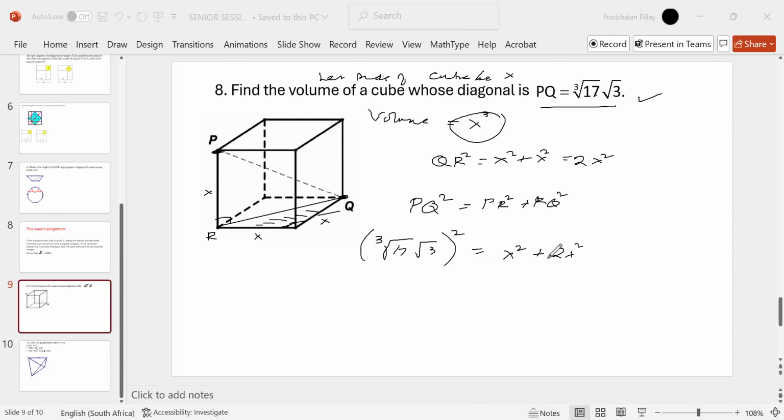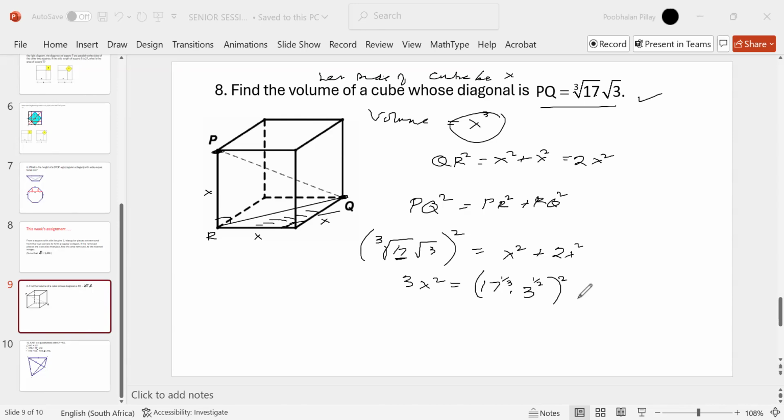Okay, let's see whether we can do this in a simpler way. You got 3x squared. I'm going to put this on the left-hand side. If you square this, this is 17 to the power of 1/3, and square root of 3 is 3 to the half.